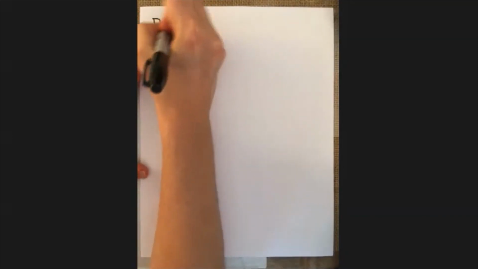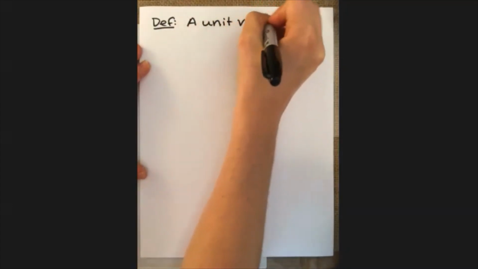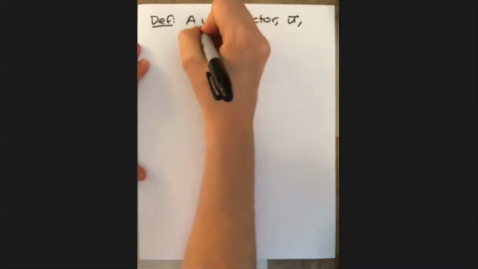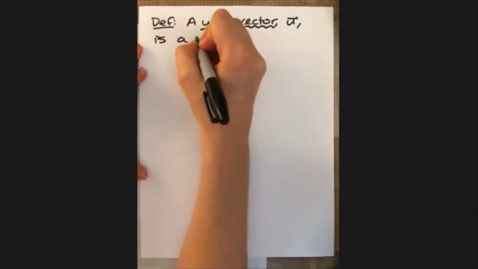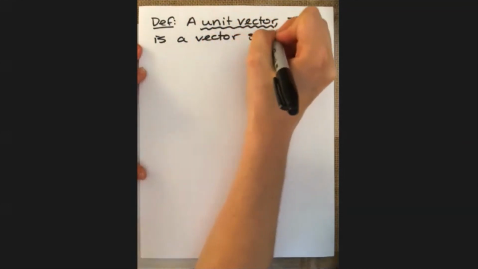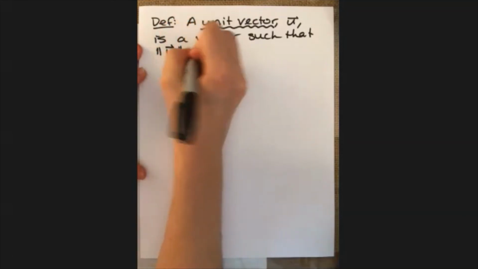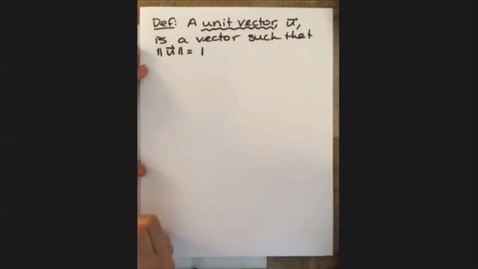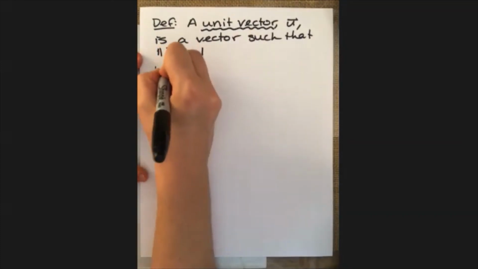We are now ready to talk about the idea of a unit vector, which kind of separates out the direction of a vector from its magnitude. So we define a unit vector, u, to be a vector such that it just has length 1. And we can actually turn any vector v that we want into a unit vector. And I'll give you the formula for that.